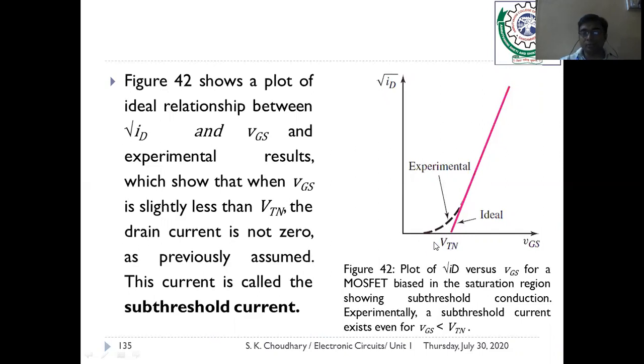Once VGS reaches or exceeds the threshold voltage, the MOSFET turns on and a measurable drain current is generated, and as we increase VGS, the drain current increases. So square root of ID also increases linearly with VGS, and this is the saturation region.